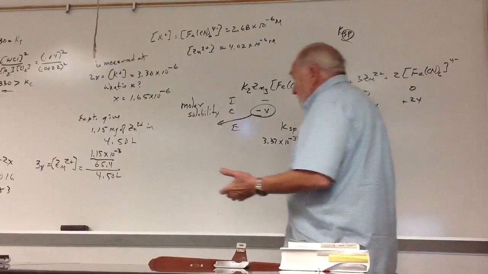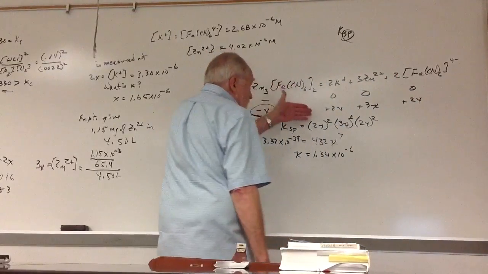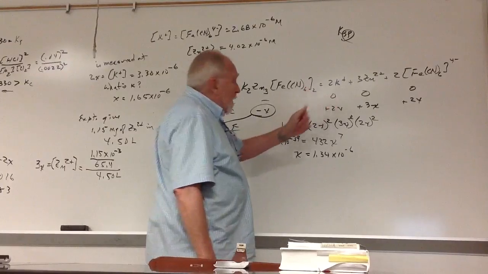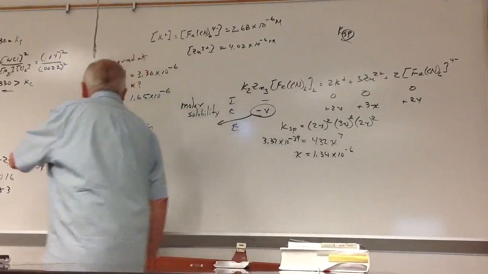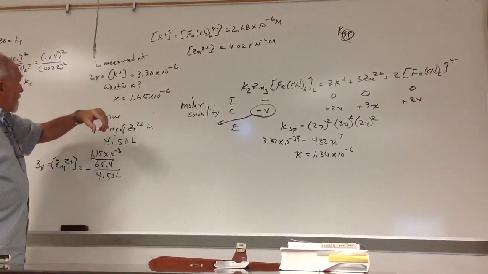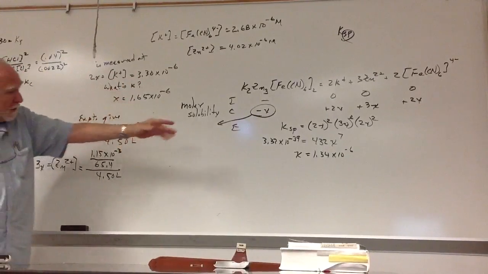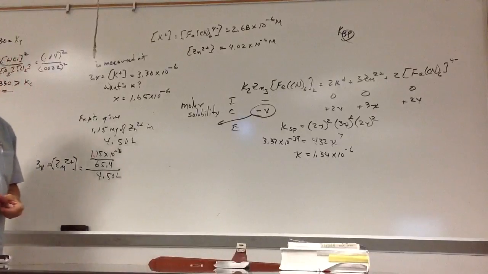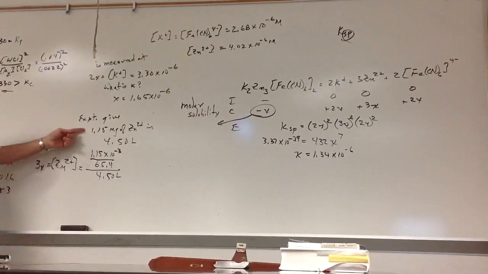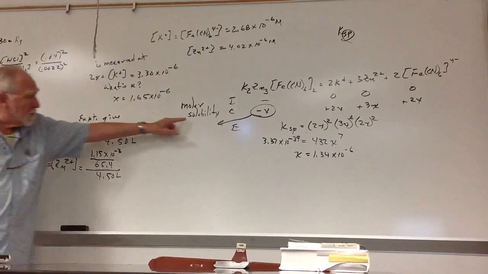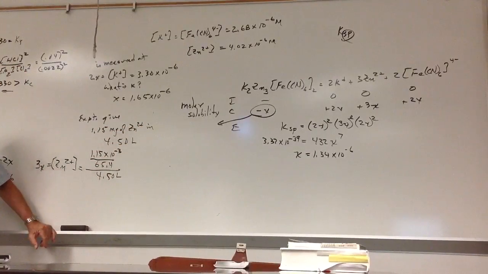And basically all I'm saying is, we would still set it up the same way, right? Except now if I told you potassium, and I gave you the molarity of potassium directly, you know that's 2x, so you get x, then you plug it in, raise it to the 7th power, times 432. If I gave you the number of grams in a liter, you have to remember molar solubility, you have to convert it to moles per liter.